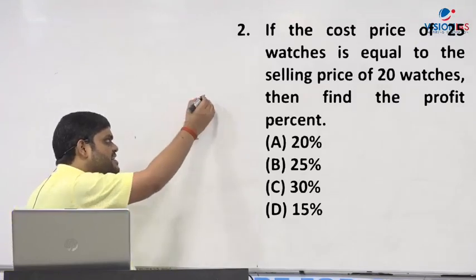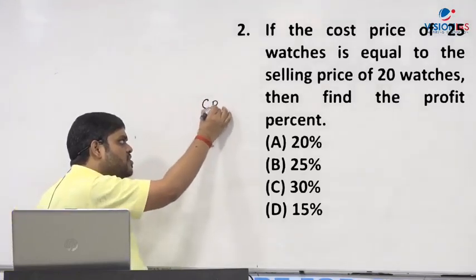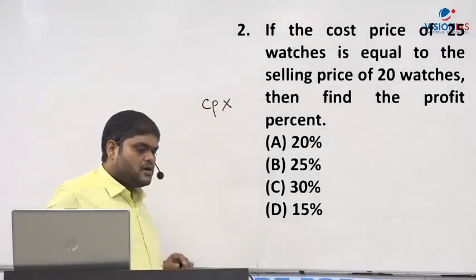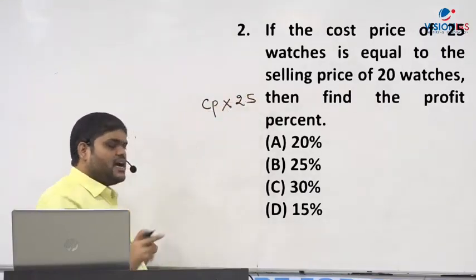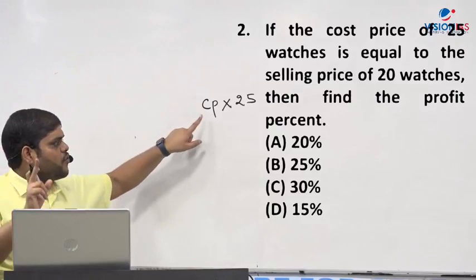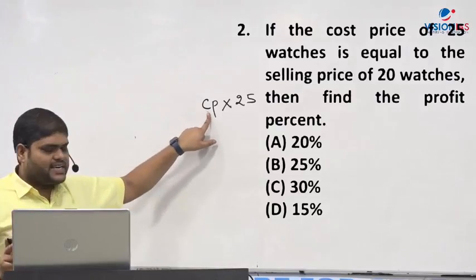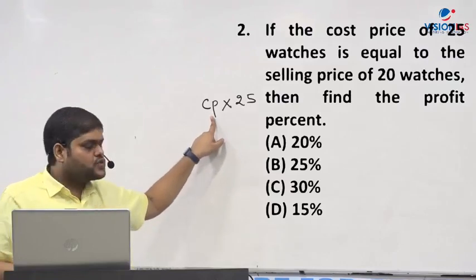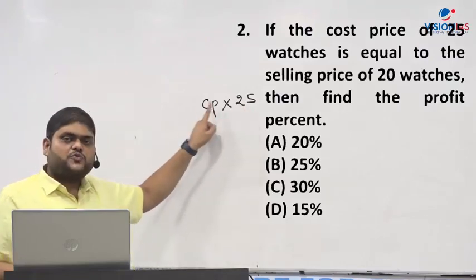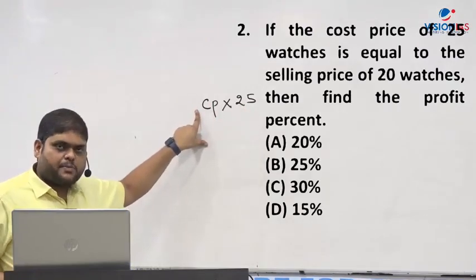The question is telling that the cost price of 25 watches. So we can say, let the cost price of one watch be CP. So the cost price of 25 watches becomes how much? 25 CP.